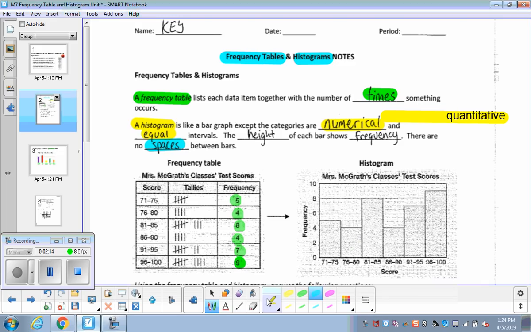So now let me just walk you guys through this example. If you're given this frequency table, all we're saying is that in this interval of 71 to 75, 5 people scored between 71 and 75, and there's the 5 people right there, okay? Now, in the next category from a score of 76 to 80, it looks like 4 of her students scored there, and there is the 4 students.